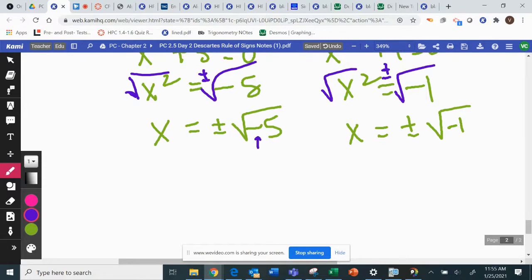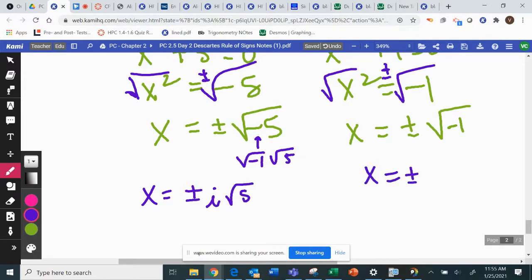And then when we have a negative underneath the square root, that becomes square root of -1, square root of 5. So we've got plus minus i square root 5. And then this one is plus minus just i. And that's 4 imaginary answers.